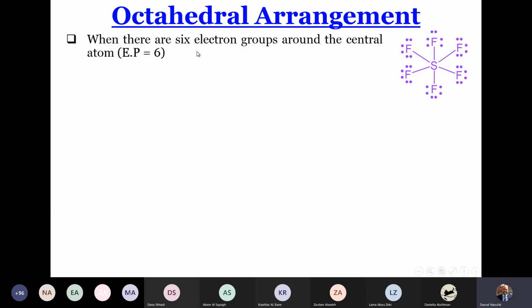So around sulfur we have 2, 4, 6, 8, 10, 12 electrons, and this is the expanded octet rule. So in other words, we have 6 balloons containing each 2 electrons around the central atom.